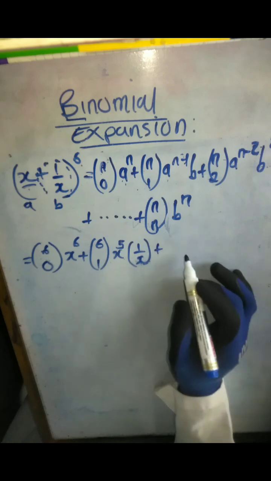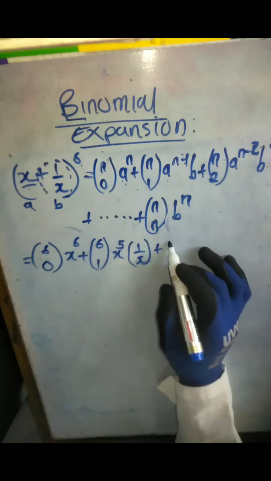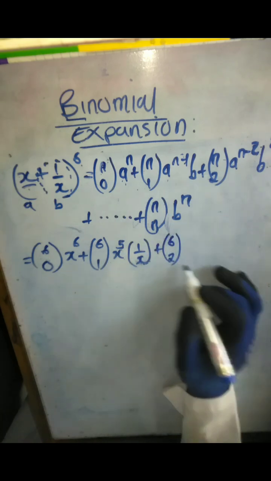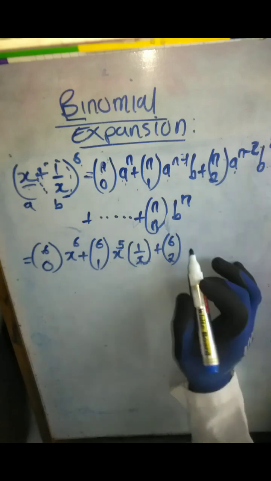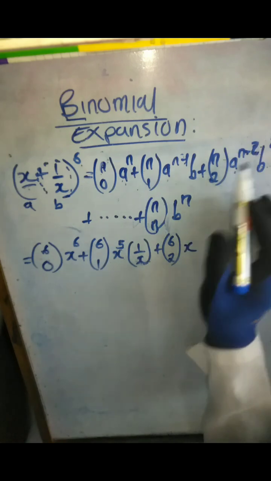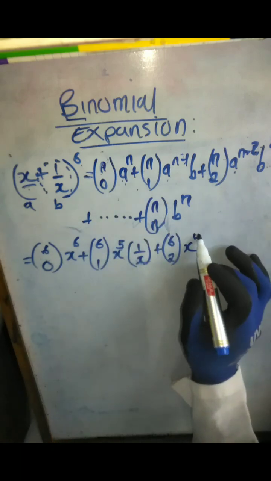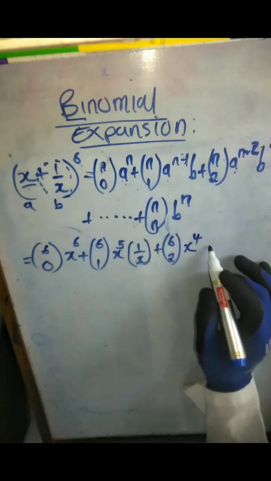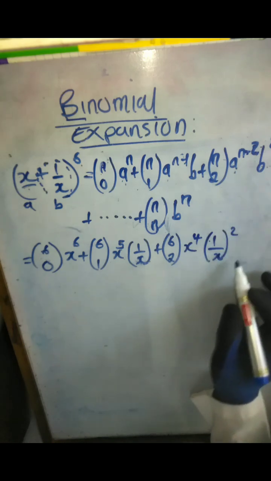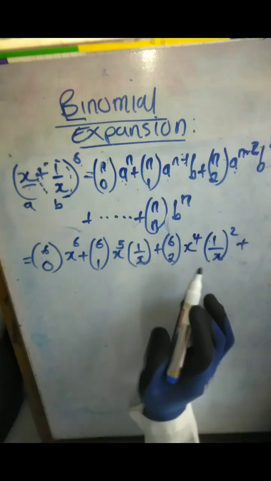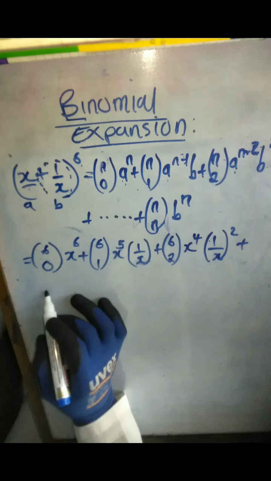Then plus, we're going now to have 6 combined 2. Our a is x to the power n minus 2, which is 6 minus 2, is 4. Then our b will be squared. Multiply this by 1 over x, everything should be squared.